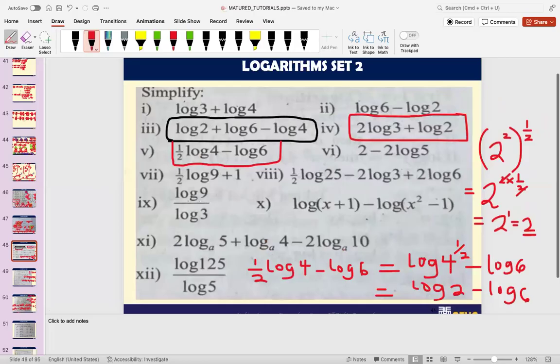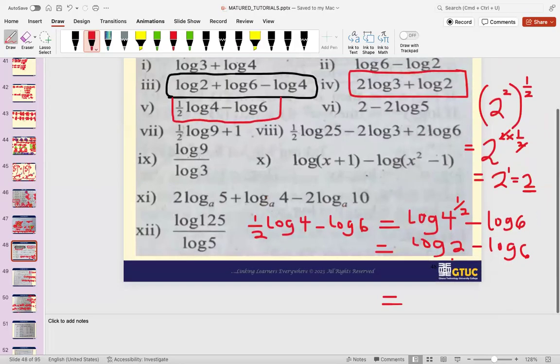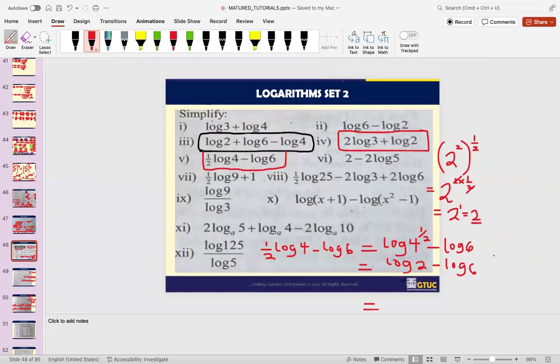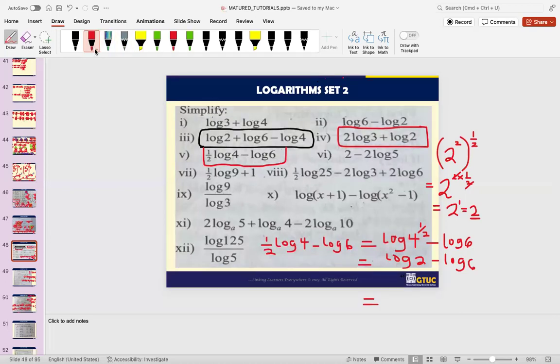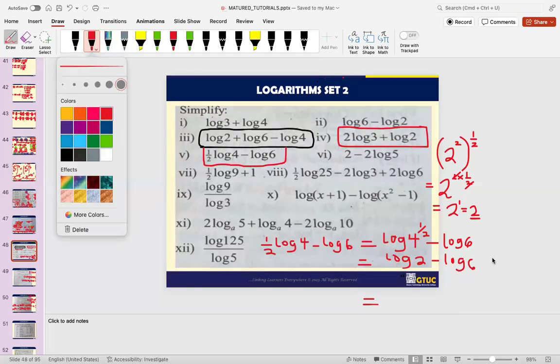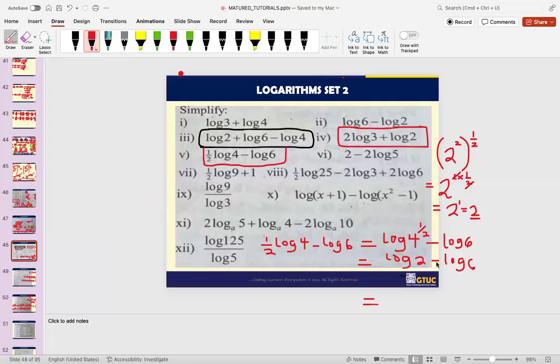So we have log 2 minus log 6. We go ahead and then we use the second law to finish up. If you remember the second law, it says that we should just divide the top by the bottom.